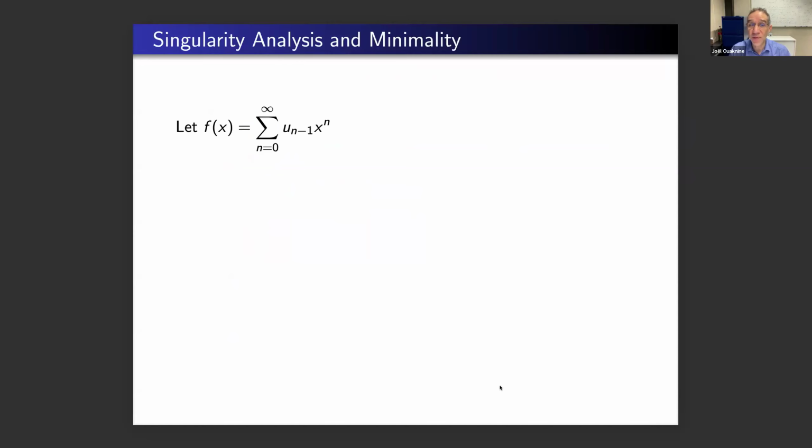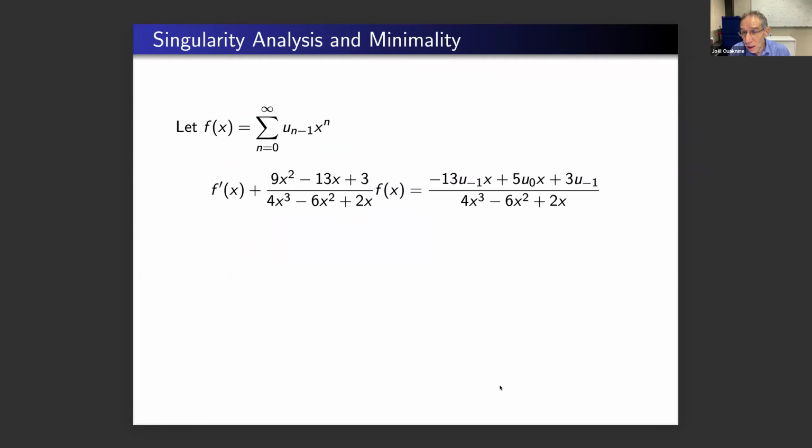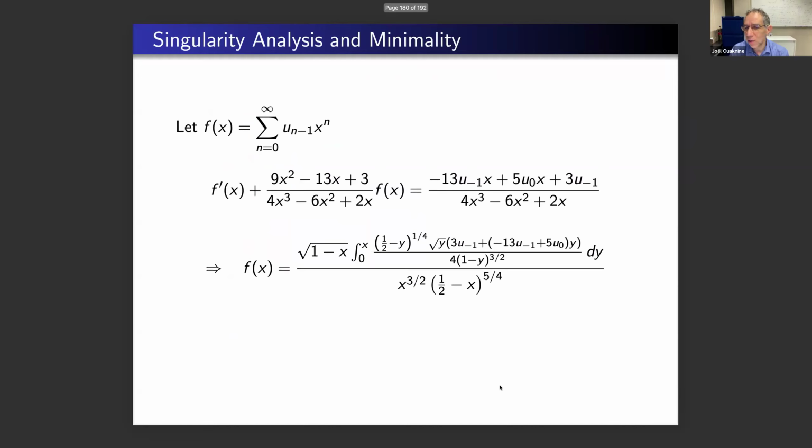Well, f satisfies, by the fundamental theorem of holonomic theory, a differential equation. So I've written the differential equation for you here. You can solve it using classical means. And let's look at the solution. The solution has a pole at x equals a half. So how on earth can f have a radius of convergence of 1 and not a half?